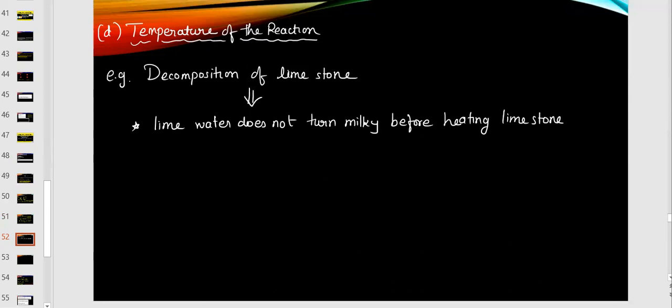So this point says that when you are giving heat, that means the temperature is increased, right? So temperature also affects the reaction. It will make a difference. So this point says that rate of reaction increases on increasing the temperature.